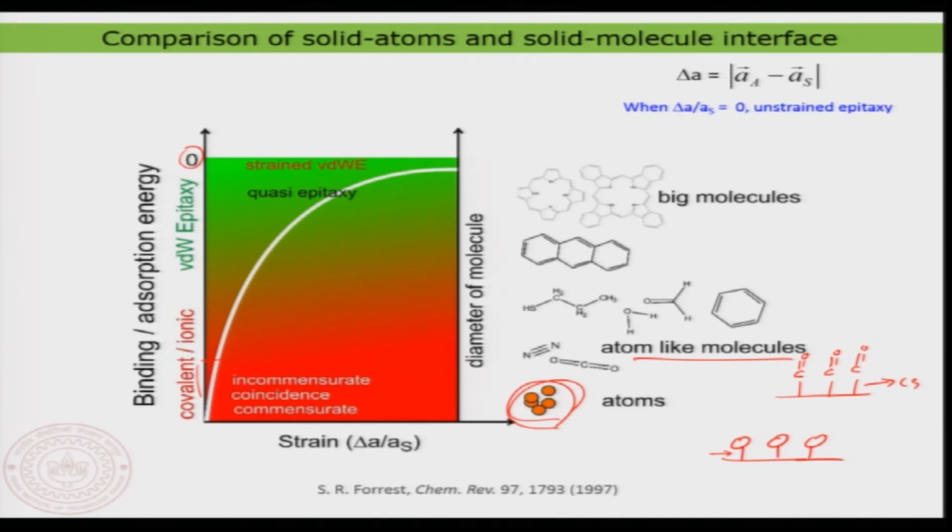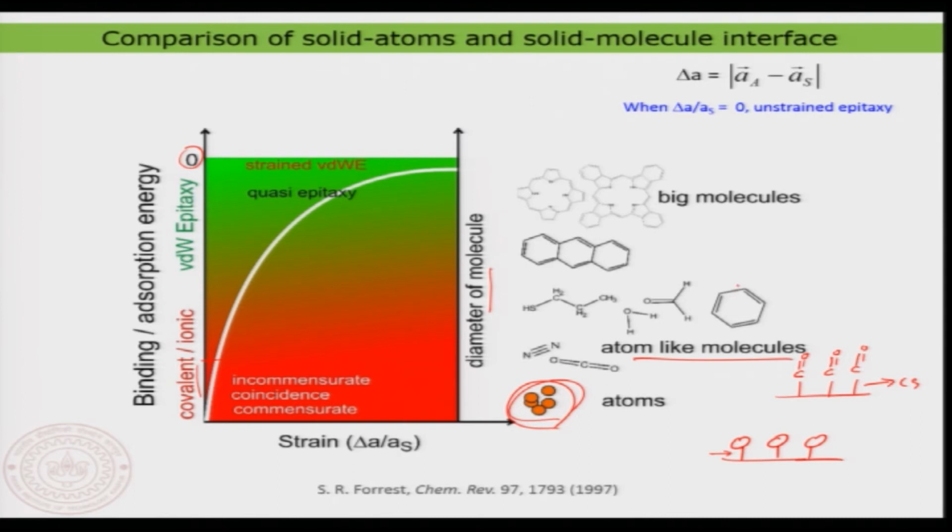But when the molecular size increases, that is something I have depicted here as the diameter of the molecule. Of course, the diameter of the molecule is quite hard to define, but it is typically to do with the area of the molecule that is interacting with the surface.